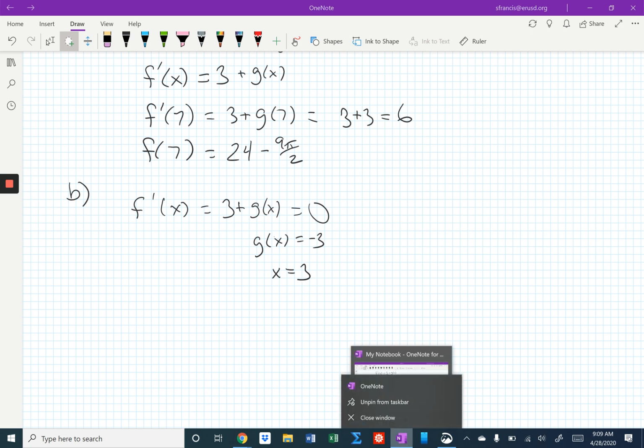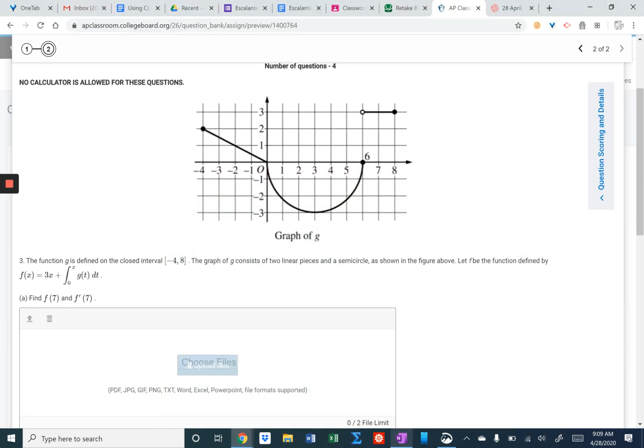Going back to the graph really quickly, of course, we always want to find out where the derivative is undefined. Now, some of you misunderstood this here. The derivative is 3 plus g, but nonetheless, there's no place where g is undefined. g is defined on the closed interval [-4, 3], so there's no place where g is undefined.